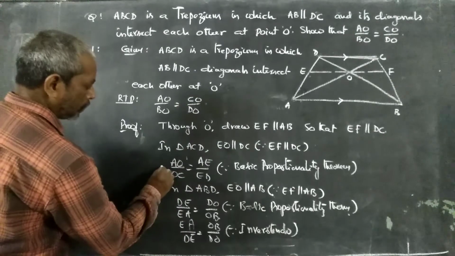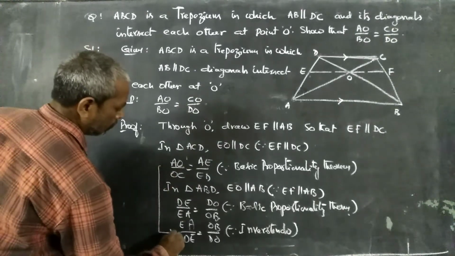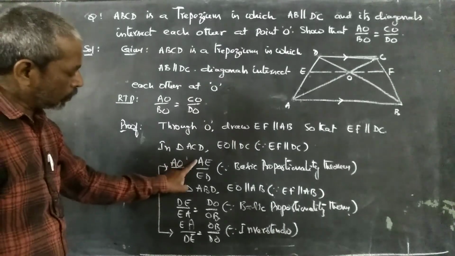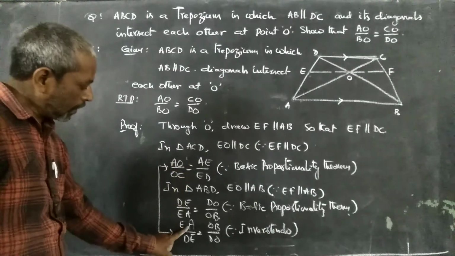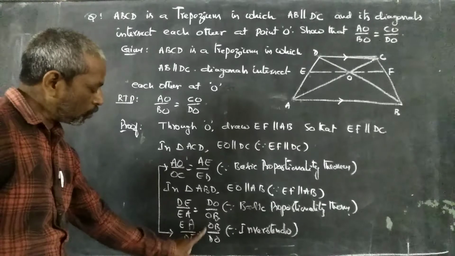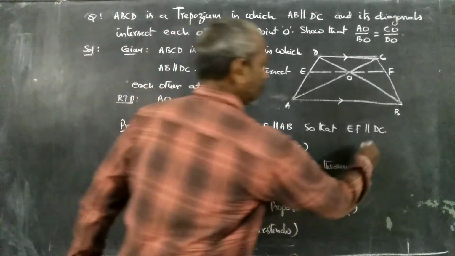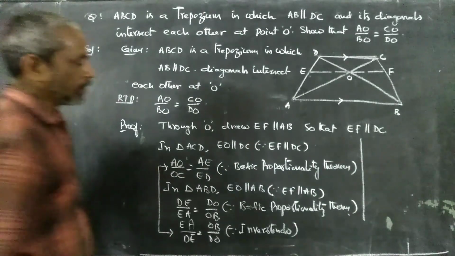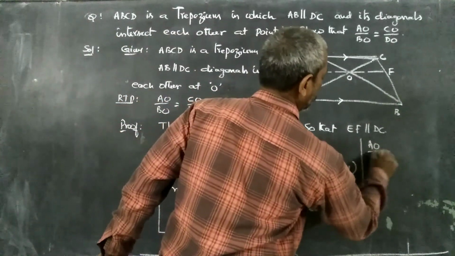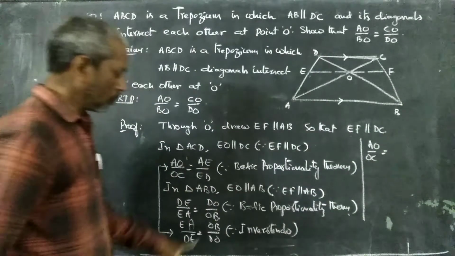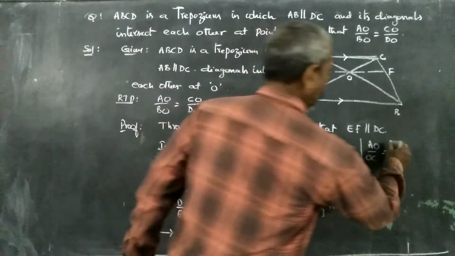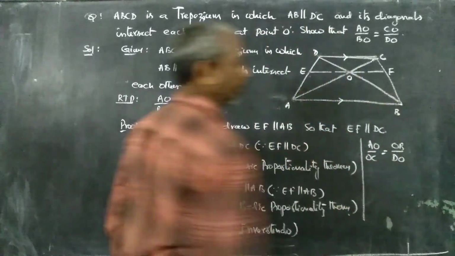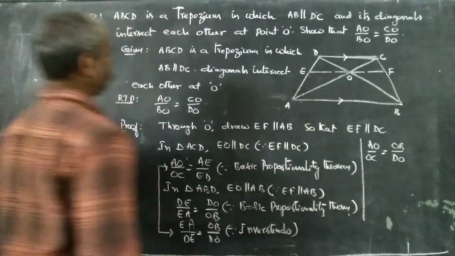Now, observe these two ratios. AO by OC is equal to AE by ED. Again, AE by ED is equal to OB by DO. That means AO by OC is equal to OB by OD. Now, what we are going to prove?